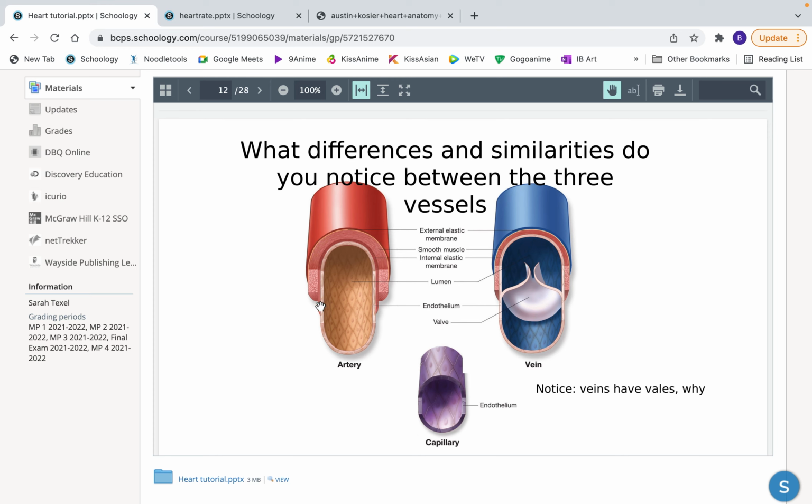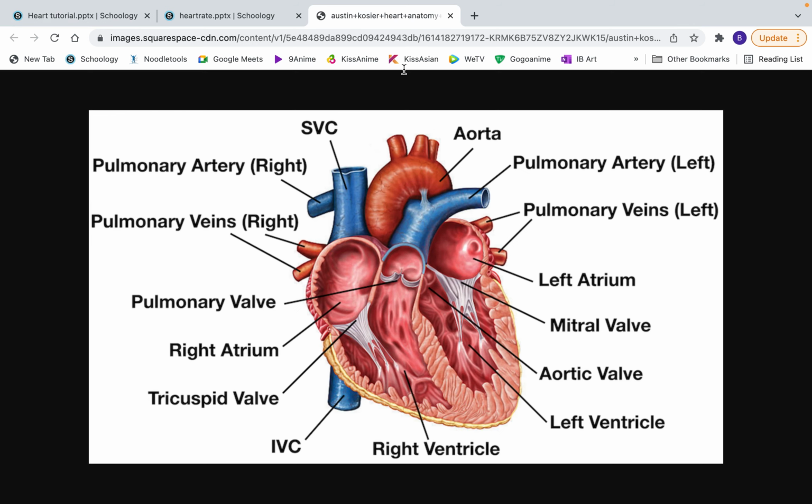This smooth muscle is going to aid in the extremely high pressure that they'll have to deal with when they are taking blood away from the heart, because the ventricles, as we see here, have a lot more muscle than the atria, and that's because the atria are aided in some way by gravity, so gravity is already helping to pull that blood into the ventricle.